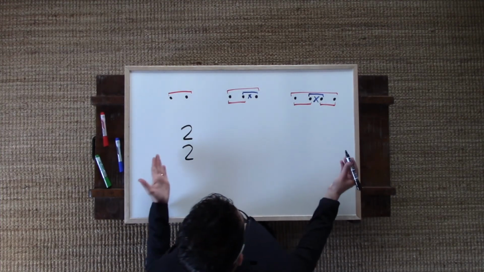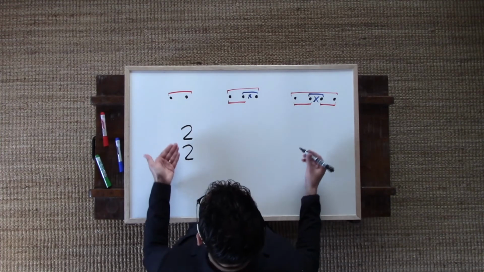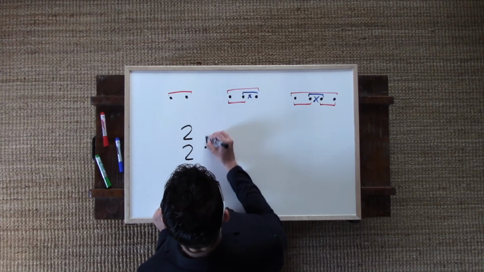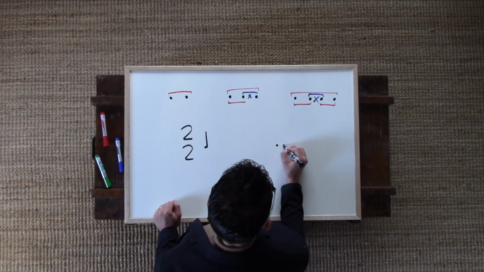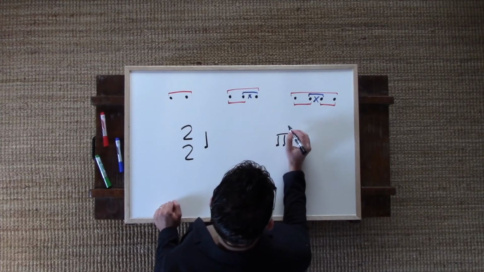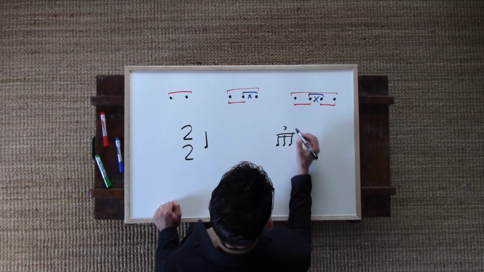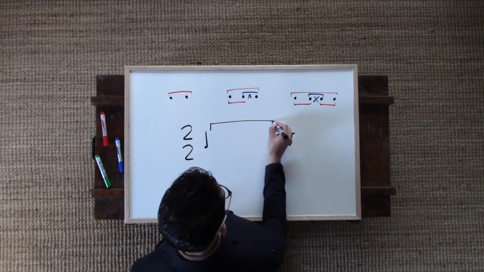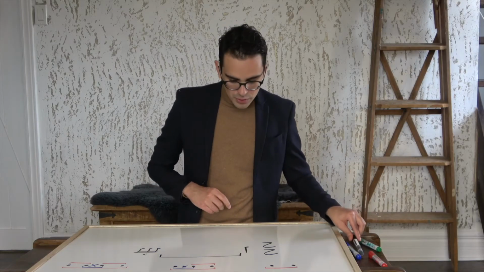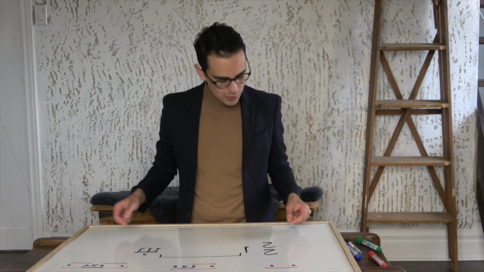Okay, so let's say we have a question on the exam, and we have to fill in the rest in a bar of 2, 2. I will put a quarter note here, and I'll put a difficult 16th note triplet over here, so we learn how to deal with that. And here's our bracket, so we have to fill in the rests here, and we are going to be using diagrams up here to do that.